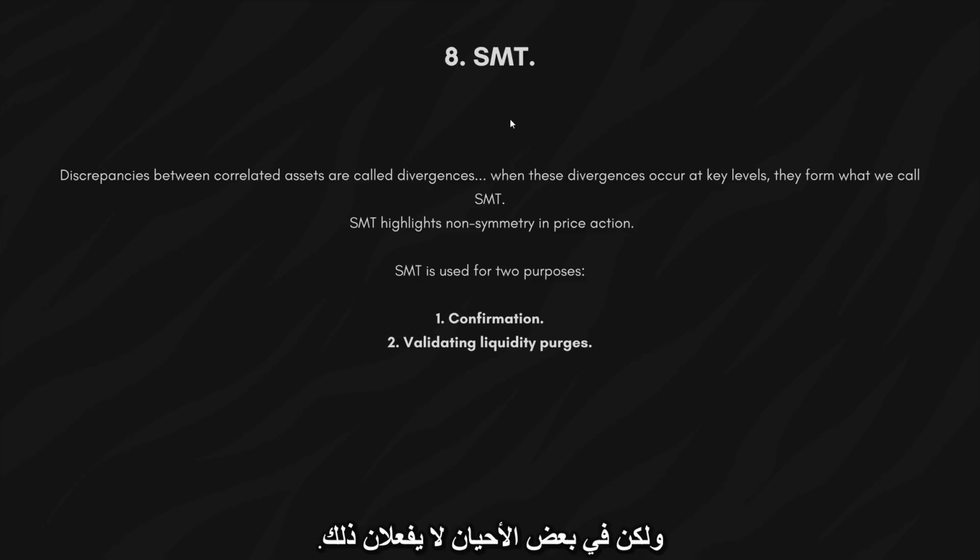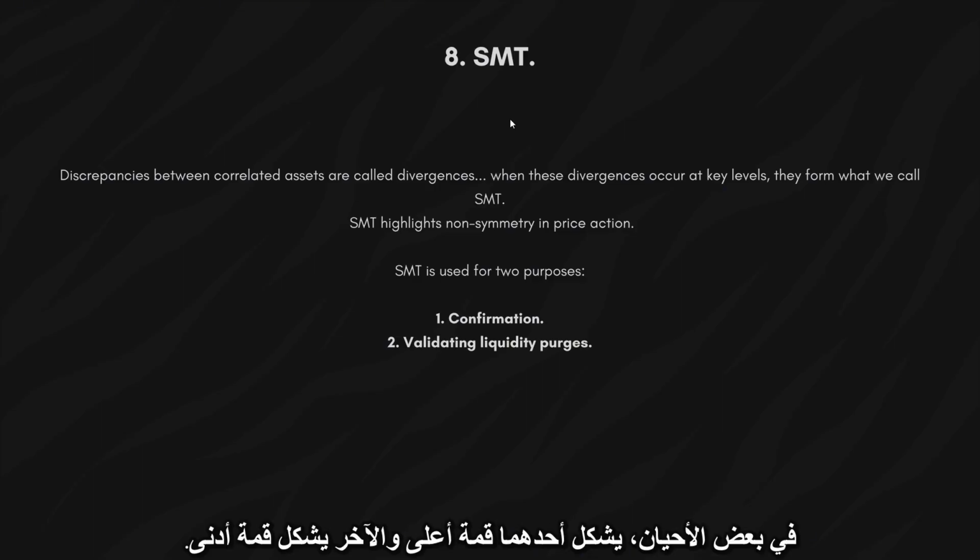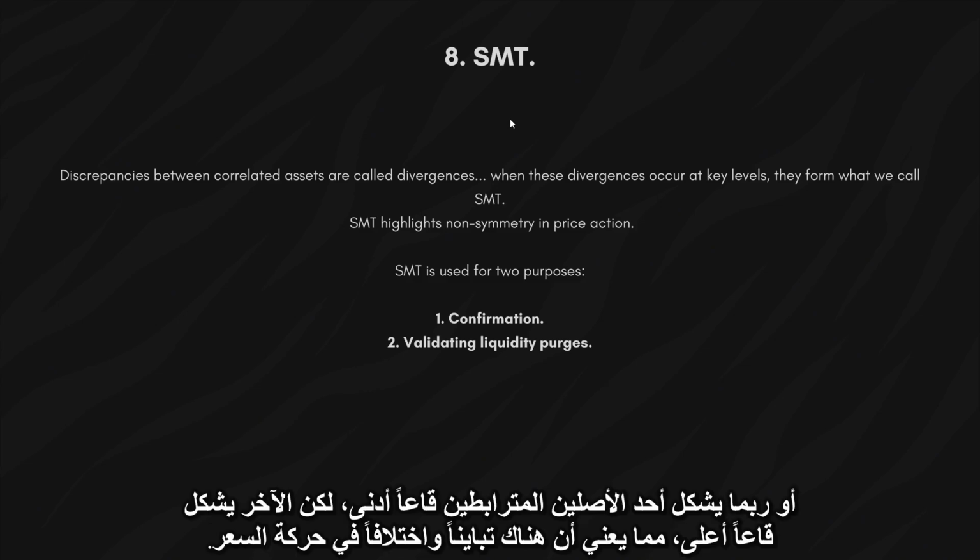But sometimes they don't. Sometimes one of them makes a higher high and the other one makes a lower high. Or maybe one of the correlated assets makes a lower low, but the other one makes a higher low, which means there is a discrepancy and a difference in price action.